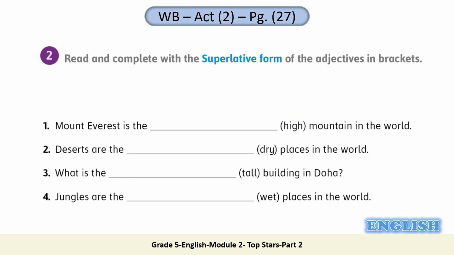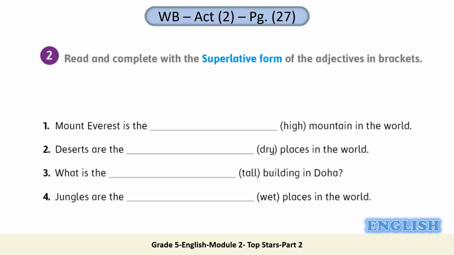Now, I want you to open your workbook page 27, Activity 2. Read and complete with the superlative form of the adjectives in brackets. Let's do the first sentence together. 1. Mount Everest is the blank, high in brackets, mountain in the world.